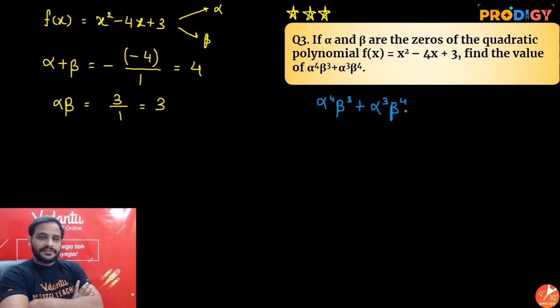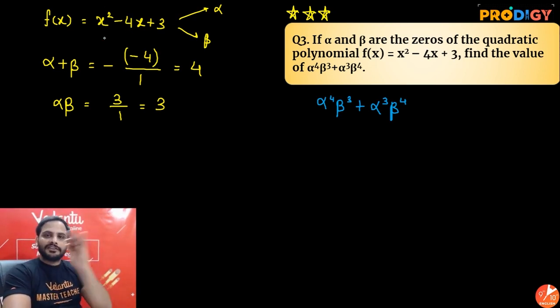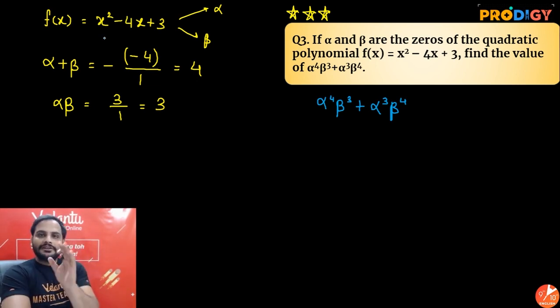So in that case, finding the values of alpha and beta and then doing power 4 and power 3 will be very difficult. Suppose if I change the value, if I make it x square minus 5x plus 3, then finding the values of alpha and beta will be very difficult. You would have to use the quadratic formula. You will get irrational roots. Taking irrational roots to the power 4, that method will not work.